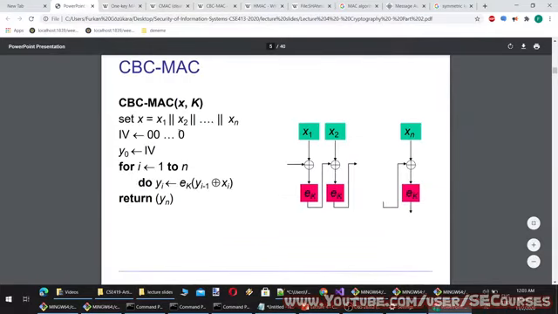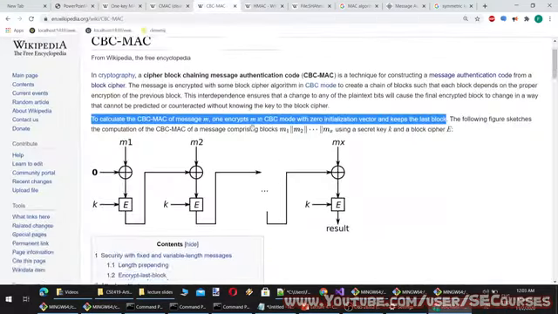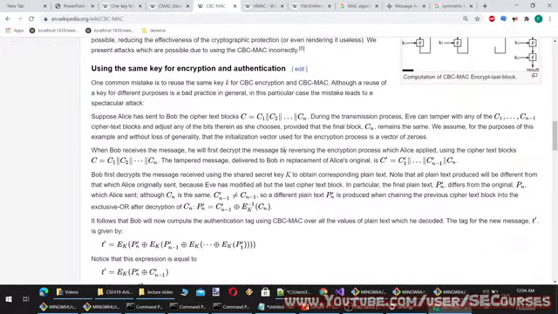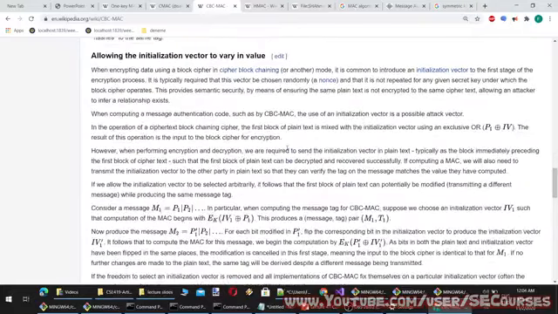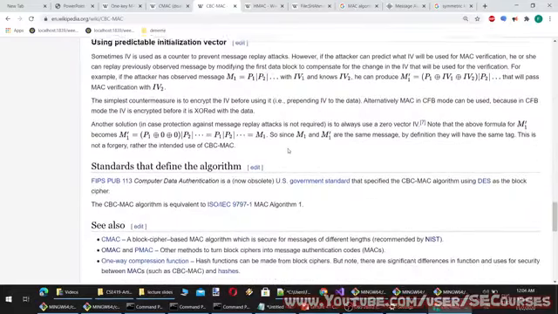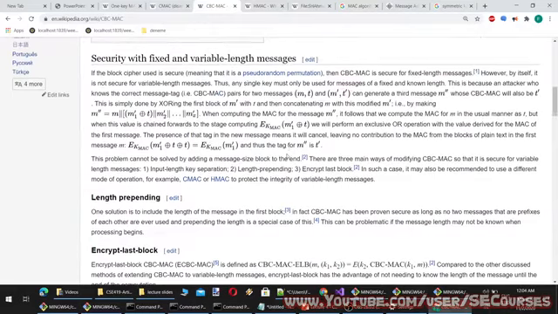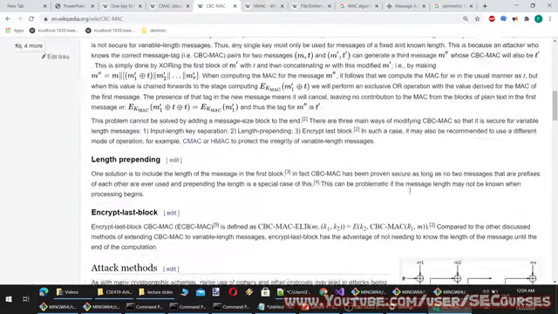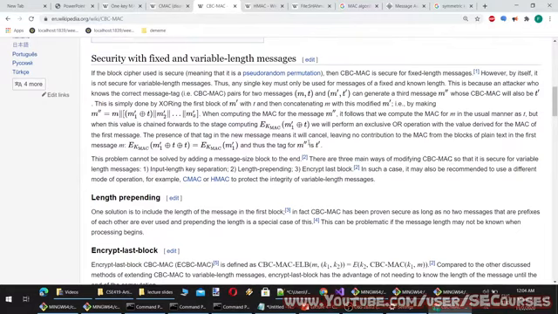And then CBC-MAC, which is a bit more advanced way. You see there is a lot of information regarding CBC-MAC. I am not going to delve into the details because there are really so many details.